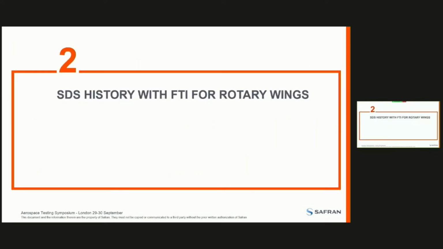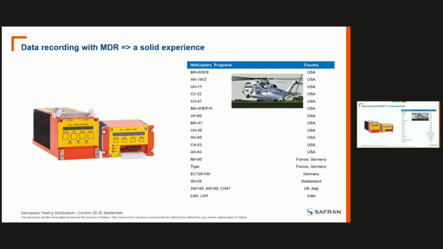So briefly, Safran Data Systems has been instrumenting rotary wings for decades. And we have many platforms on which our equipment, typically our MDR, modular data recorder, which is a DAU plus a recorder integrated together, has been mounted.